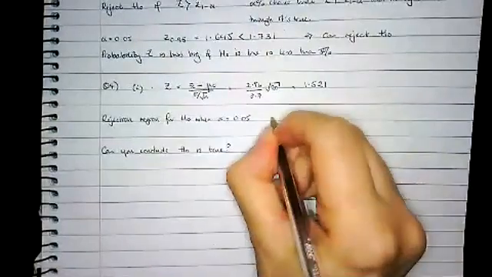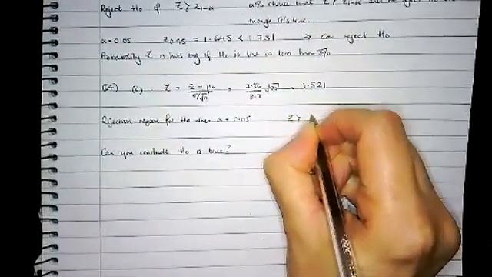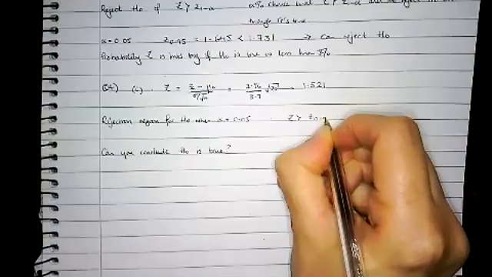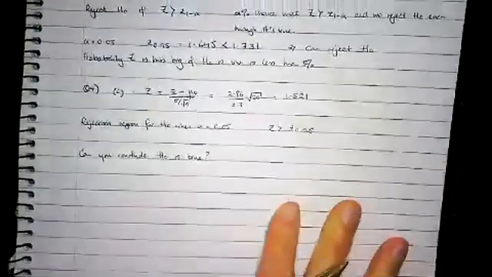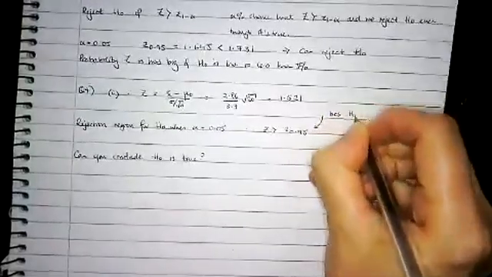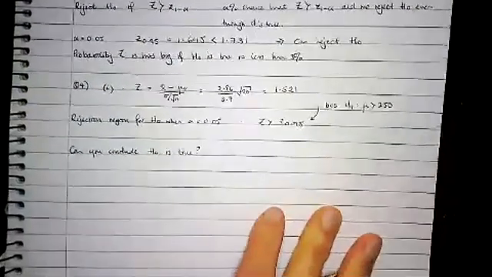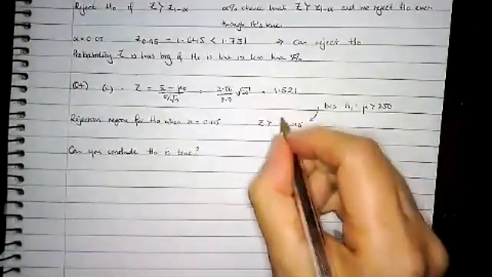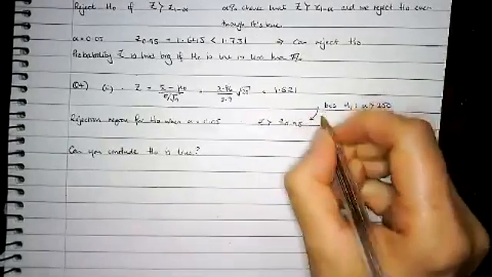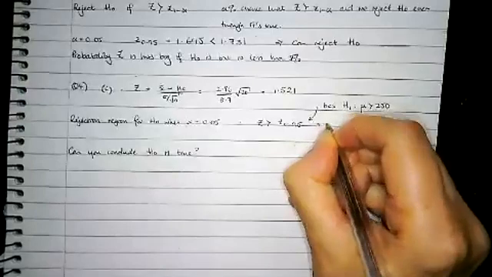We want to reject if Z is bigger than little z 0.95, because we've got a one-sided H1. And this value, little z 0.95, we've got from the previous question as 1.645.